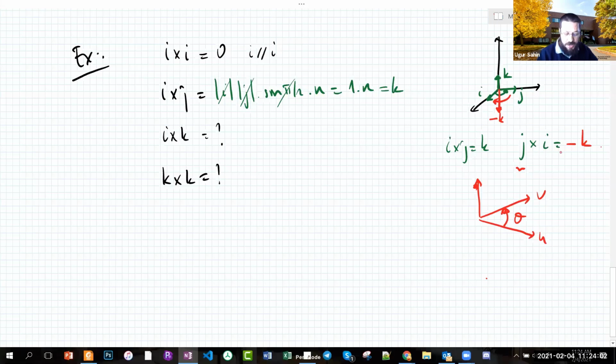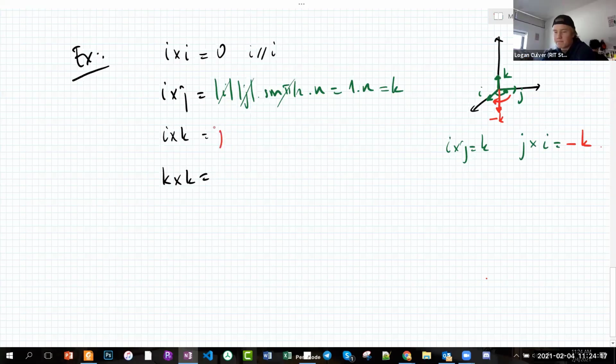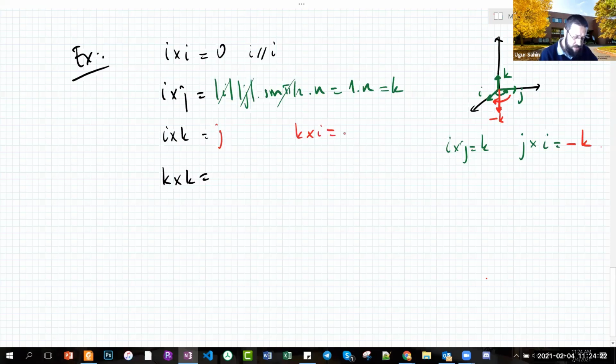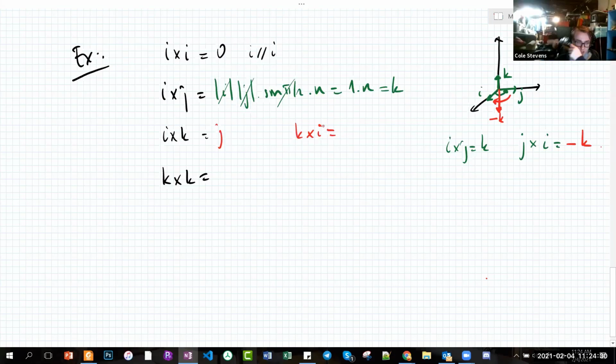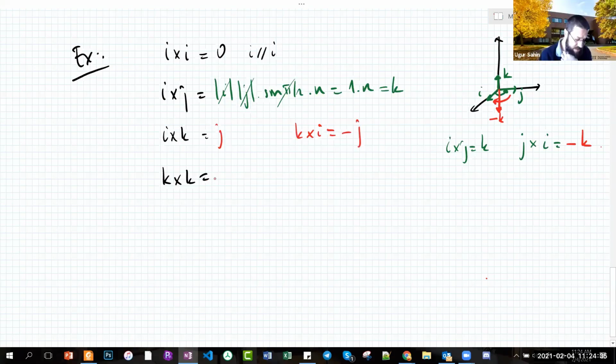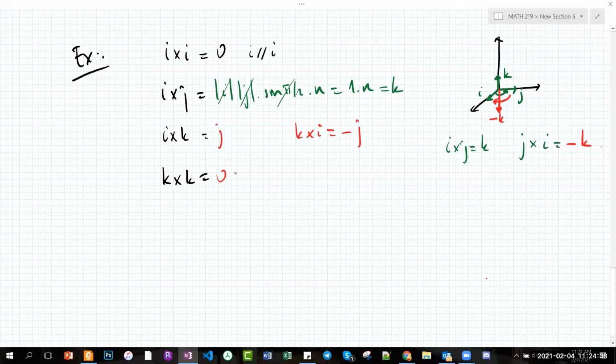That is why J times I is gonna be negative K. All right? So with the same consideration, can we just say what is I times K? Negative J. K times I, negative J. K times K, 0 because it's parallel.